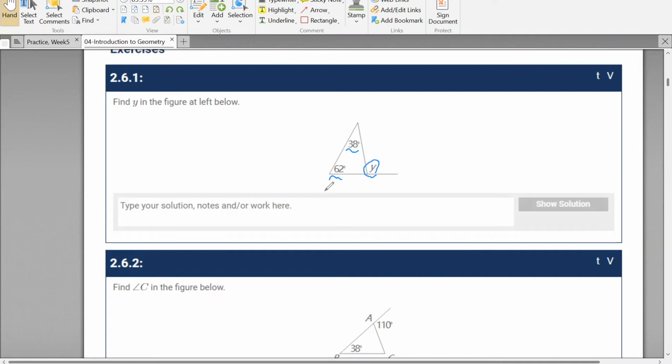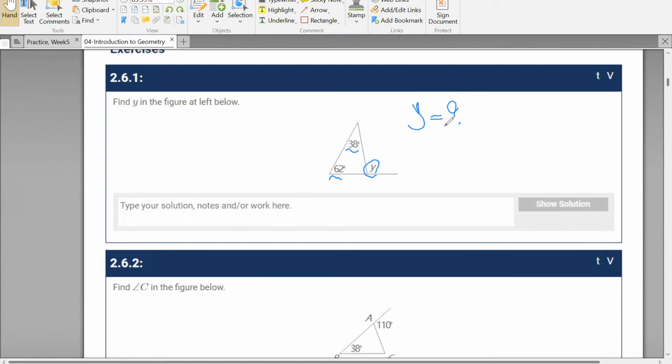Now, the sum of the two remote internal angles. Can someone tell me what would be the angle Y? 100 degrees.